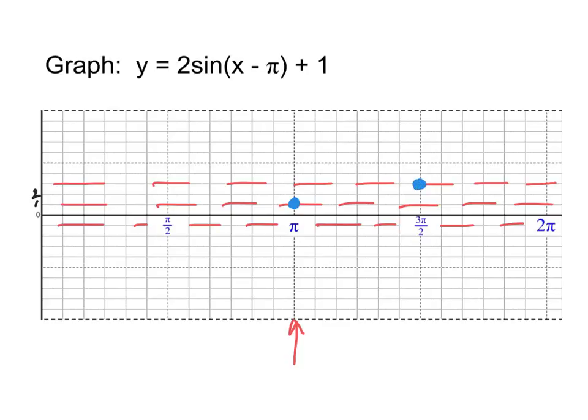Now that I know that, I know where I am in the pattern. And notice, instead of putting a point every 90 degrees, I'm still putting it at those same intervals. They're just labeled in radians instead of being labeled in degrees. So at 2 pi, I'm back in the middle. If I follow that same pattern heading off to the left, well, then I would say that I start in the middle, top, middle, so next up must be bottom.